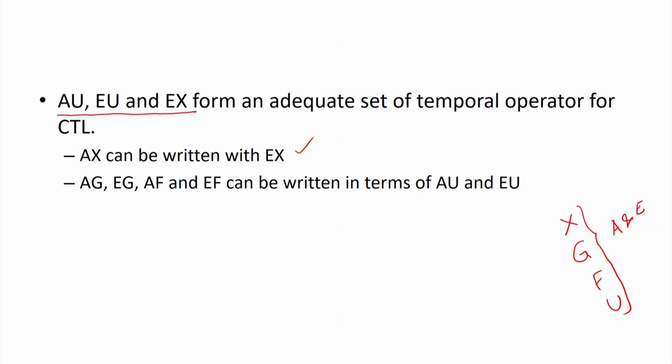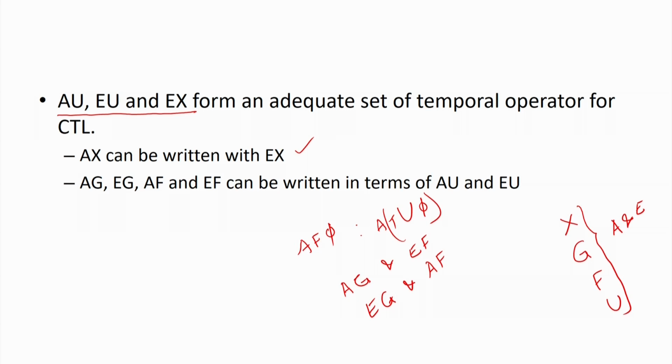Because already I have shown that AF we can express with the until operator, true until phi. So, basically AF phi can be written as A true until phi. Again we have seen the relationship that AG and EF are having a relationship, and similarly EG and AF are having another relationship.